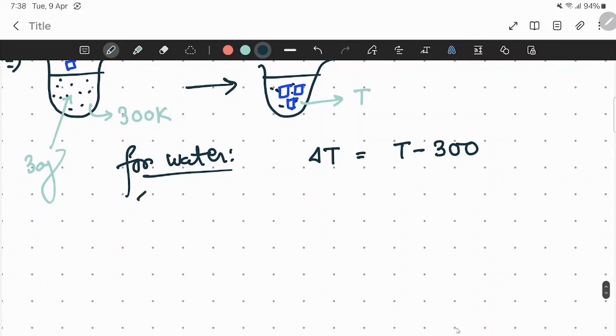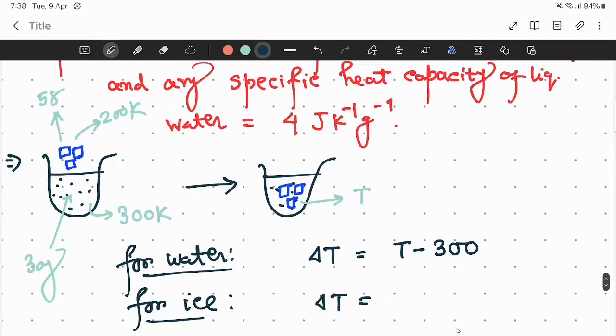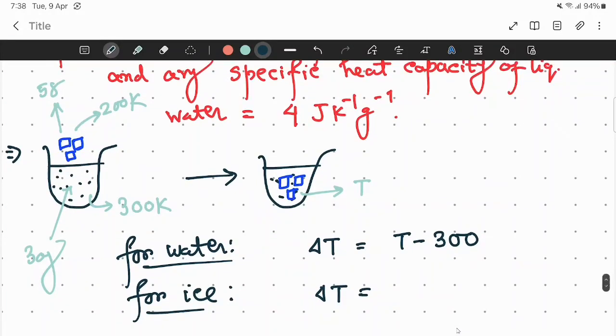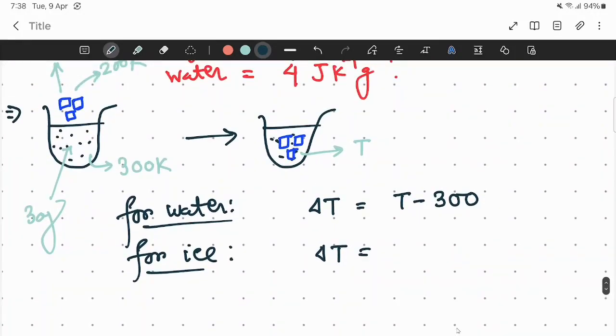For ice, it was 200 Kelvin. When this is added, the final temperature must be less than 300 Kelvin and greater than 200 Kelvin, right?